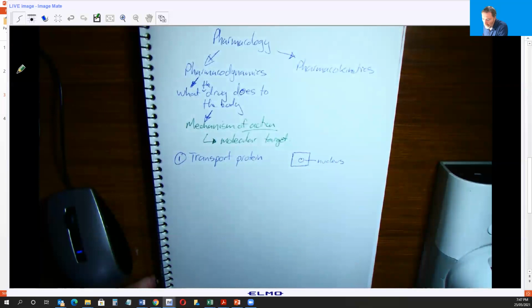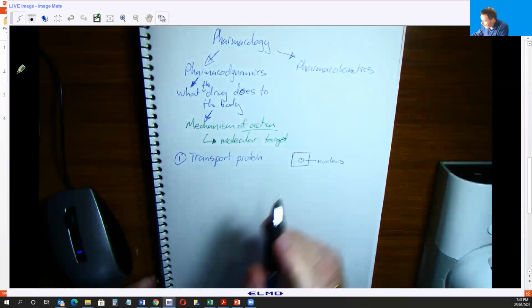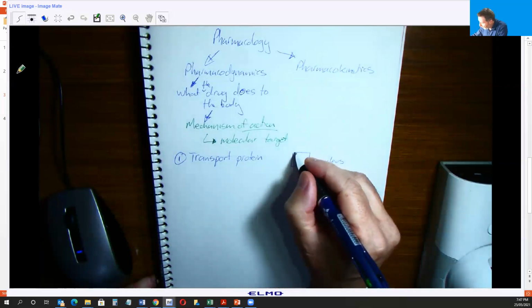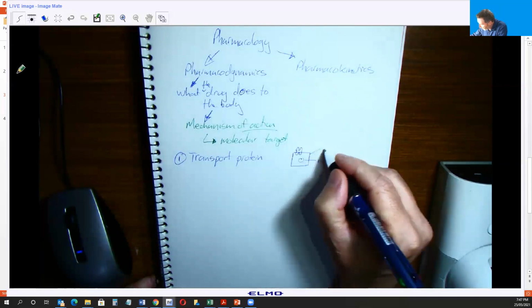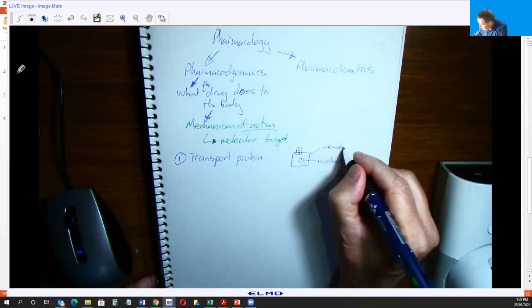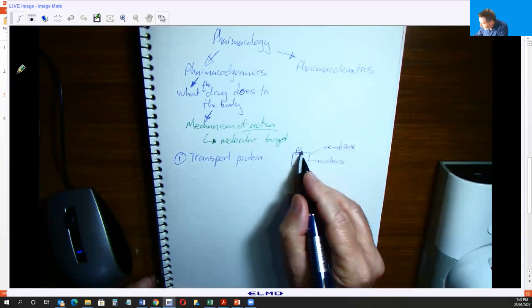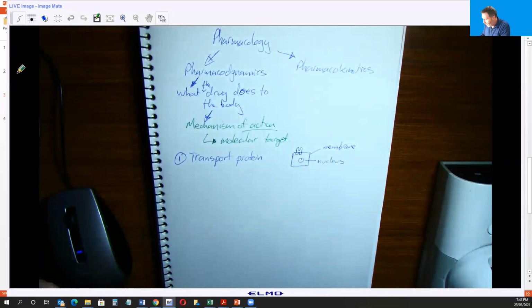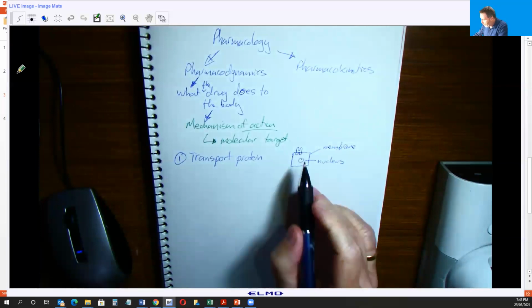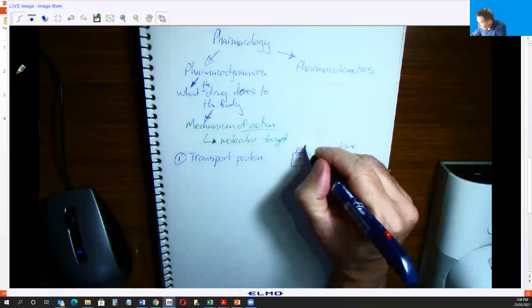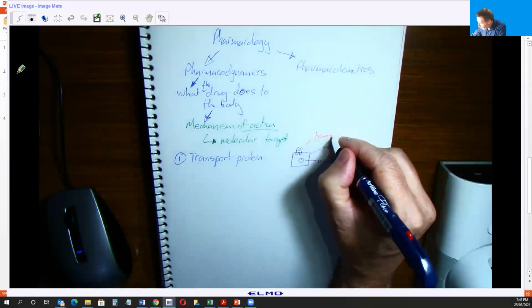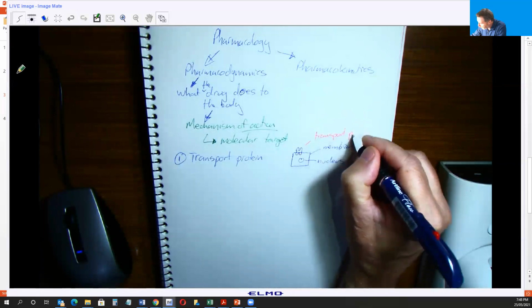And then, for instance, there might be a particular special integrated protein that is embedded in the cell membrane. So this is the cell membrane, and this particular structure here, which is a protein, an integral protein that's embedded in the membrane, that could be described as a transport protein.